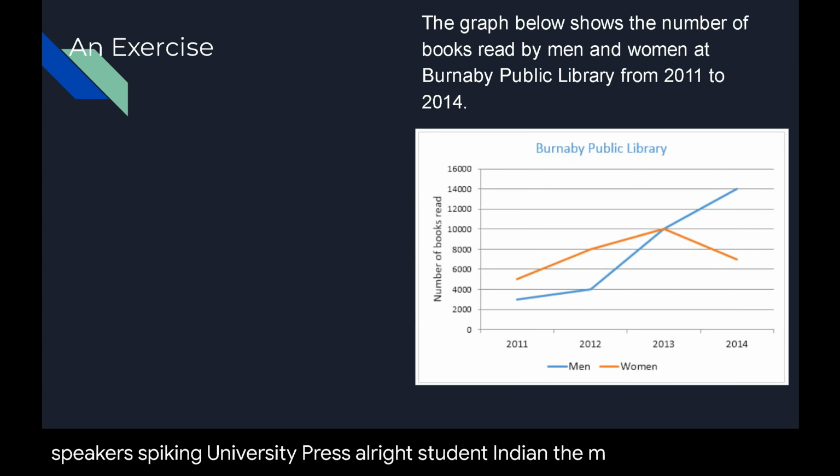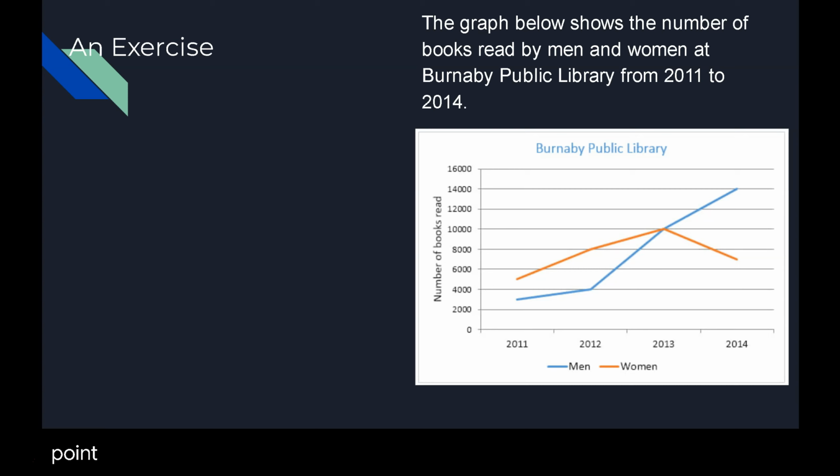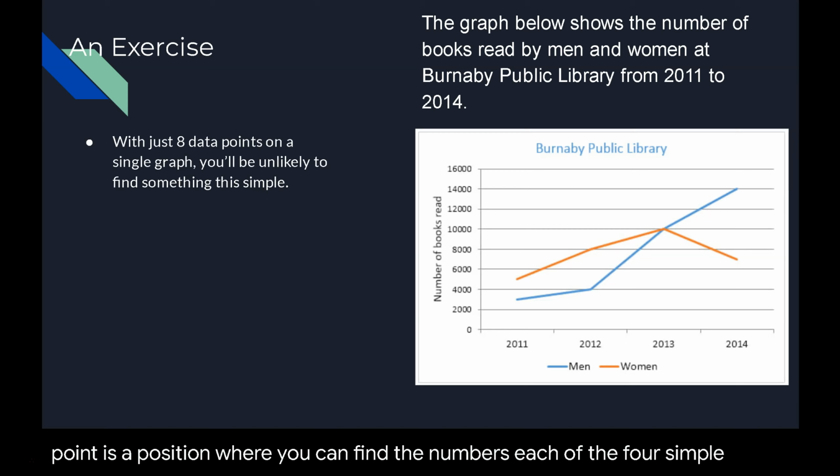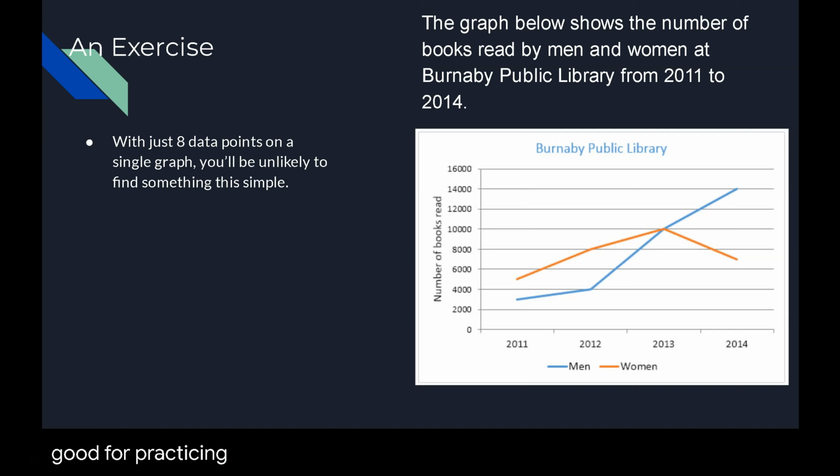It's only got 8 data points. Data point is a position where you can find some numbers. 8 of them. Okay, 4 for each line. I've seen them as low as 10, but really, that's quite too simple. It's unlikely to find something this simple. Alright, but it's good for practicing how to notice trends and make comparisons.